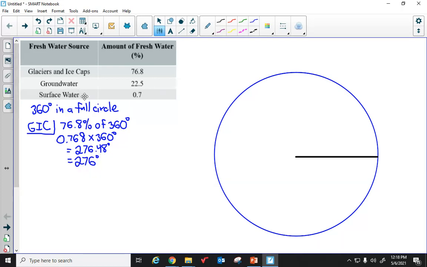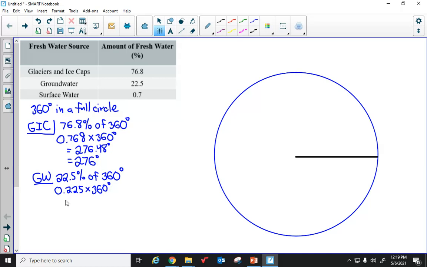Next, groundwater, we'll abbreviate that as GW. And that's going to be 22.5% of 360. So turn that percentage to a decimal, 0.225, multiplied by 360 degrees.